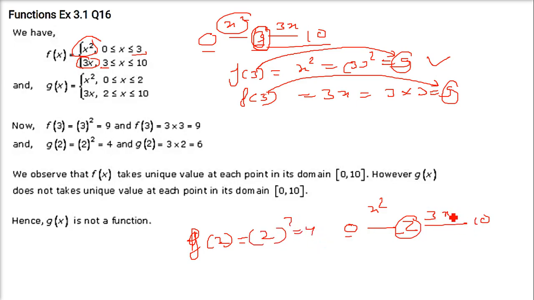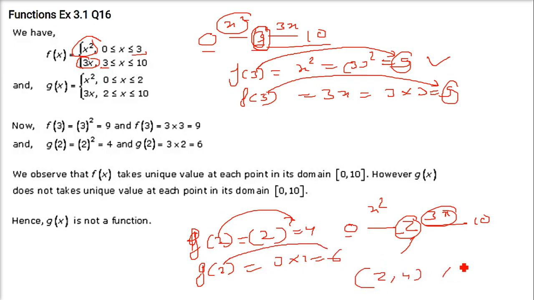Now using 3x, and 2 is inclusive, 3 into 2 is 6. So from the same 2, 4 is coming and 6 is coming. The ordered pairs (2, 4) and (2, 6) are not possible, because the first value cannot be repeated; it has to be unique. So g(x) is not a function.